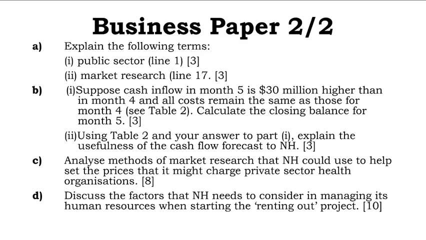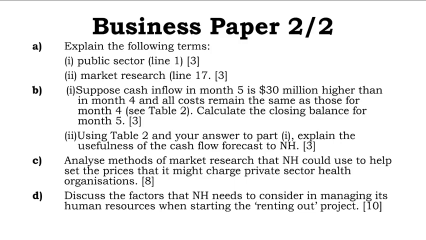And then the closing balance, the opening balance, which is negative 7. Let me repeat. To find the closing balance, the formula is opening balance plus total cash inflow minus cost. Opening balance is minus 7 million. Total inflow is 50 million.